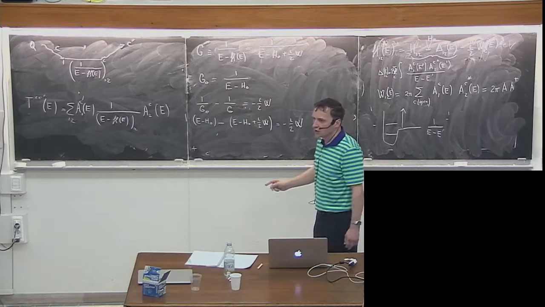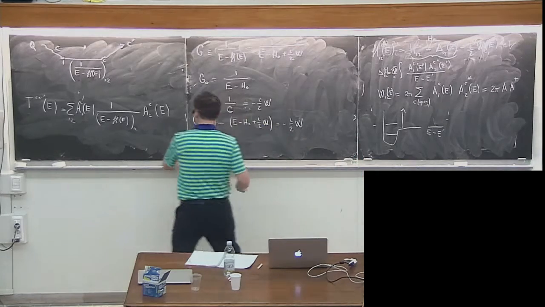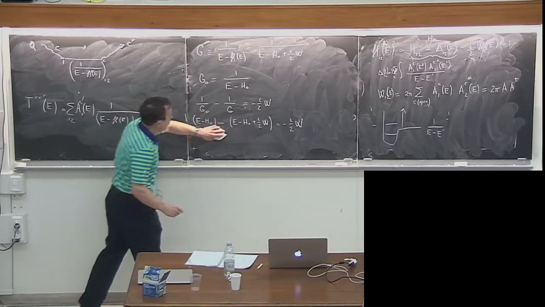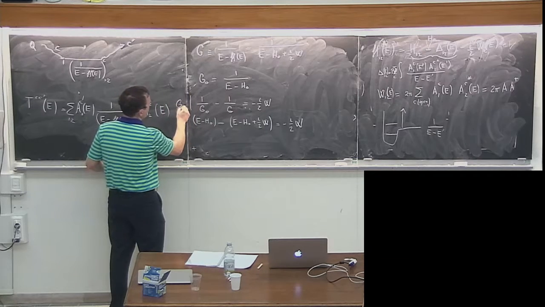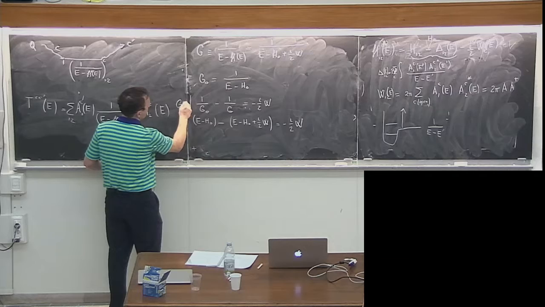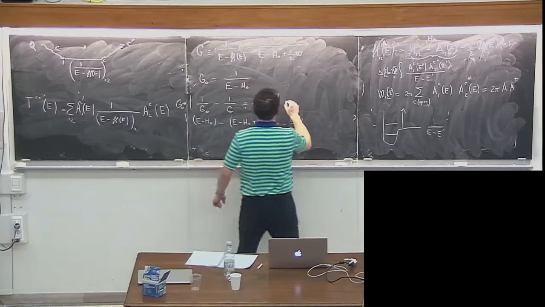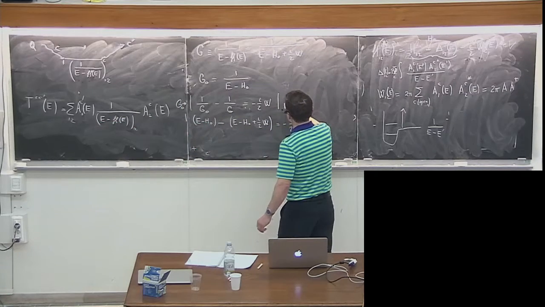Okay, so now I will cross multiply this equation. I will multiply it by G naught from this side, and I will multiply it by G from this side.